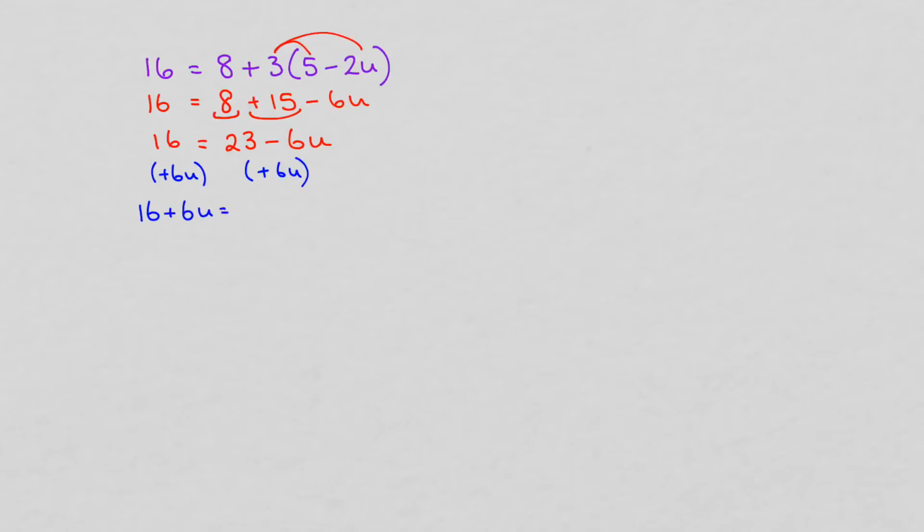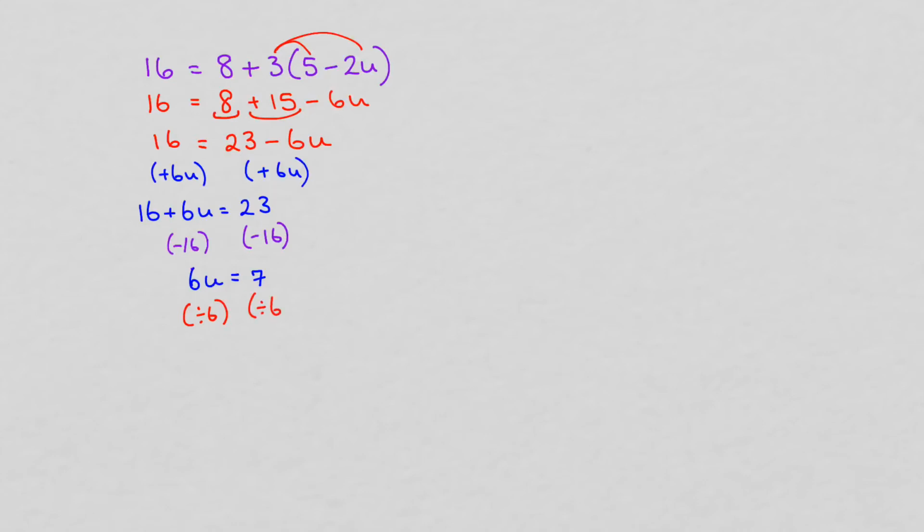And on the right-hand side now, we've only got 23. And then, sorry, I'm switching backwards and forwards between colours here like there's no tomorrow. So we're trying to get the u by itself, so we need to take away 16 now. So that leaves us with 6u on the left-hand side. And 23 take away 16 is 7. So now our job is to divide by 6.